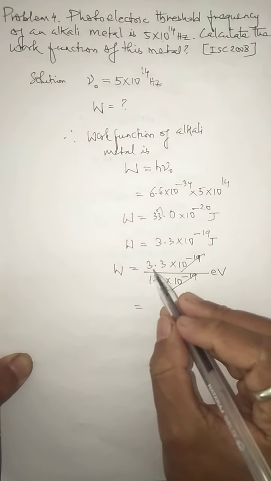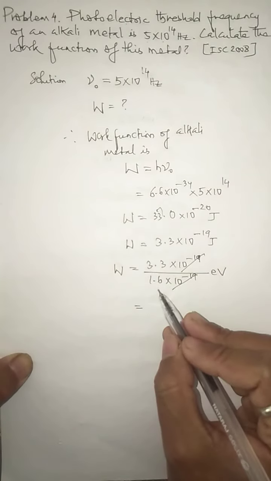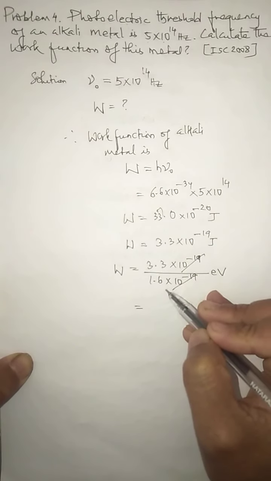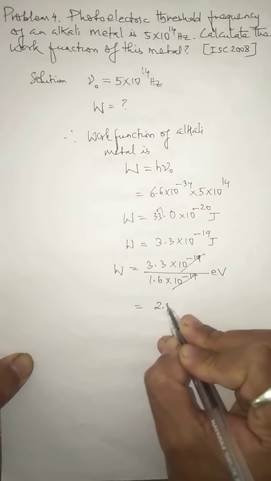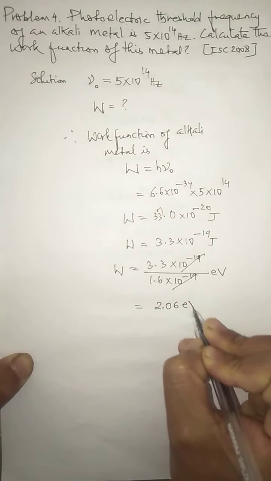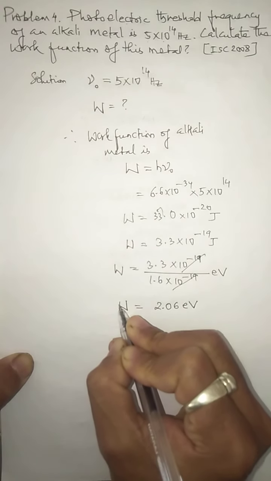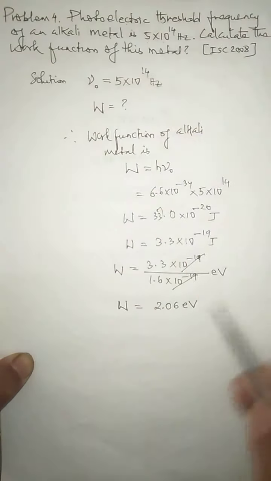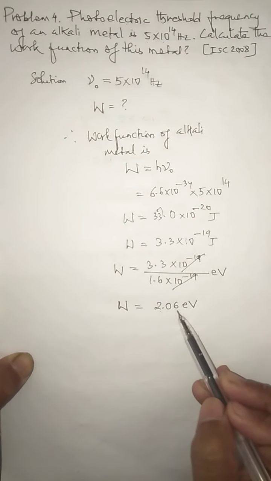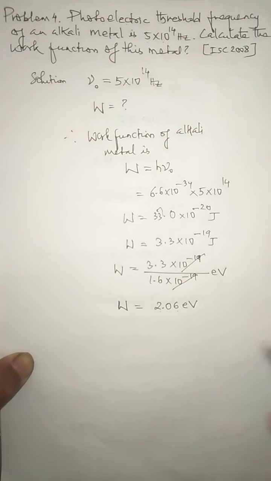So what is remaining? 3.3 by 1.6. So use a calculator and divide, you get approximately 2.06, and the unit is electron volt. So what is the work function of that alkali metal which we have used for the photoelectric effect? 2.06 electron volt. So this is also the explanation of problem number 4. We will solve other problems in the next YouTube video.